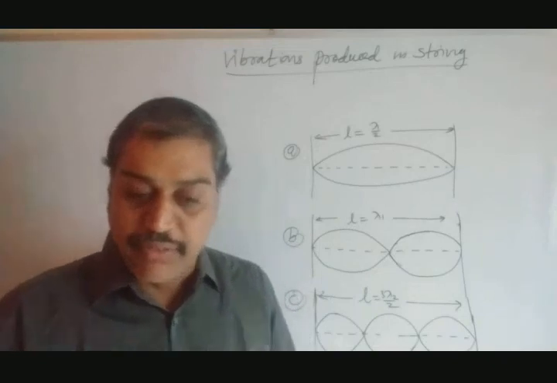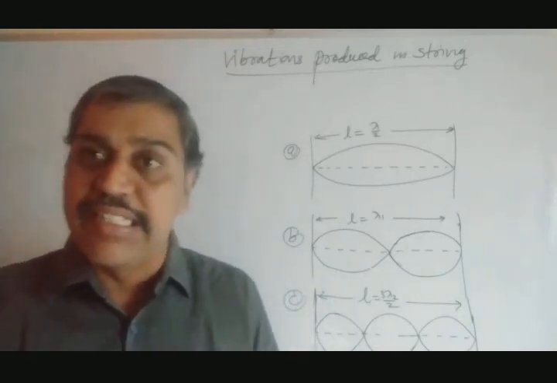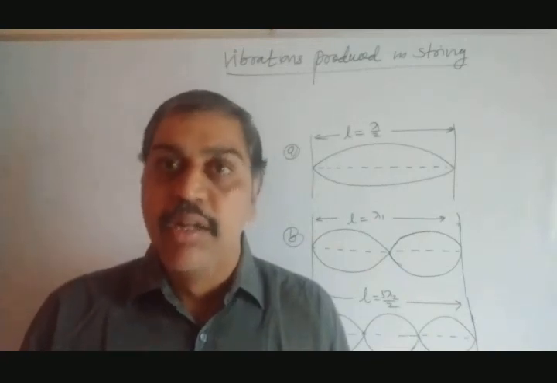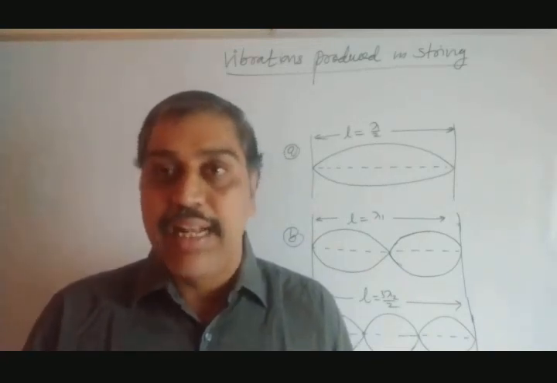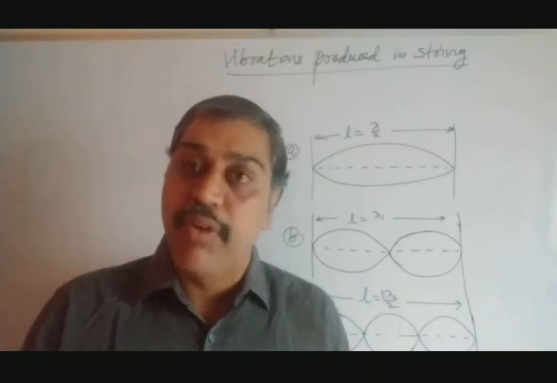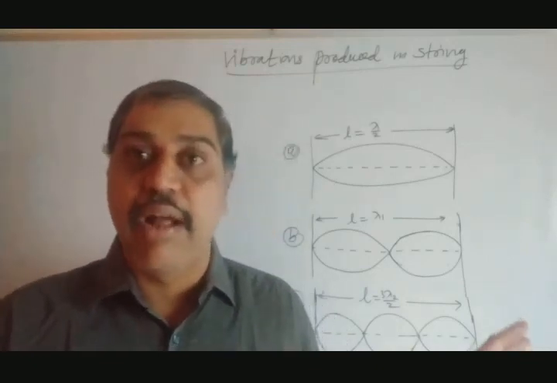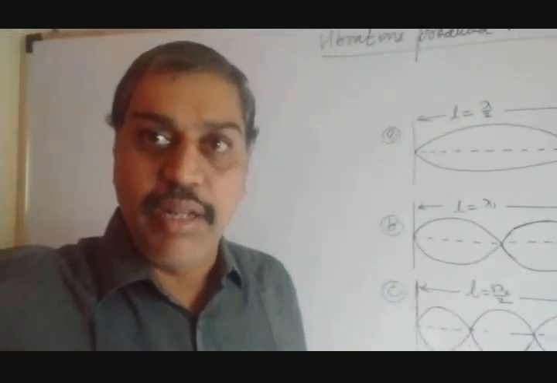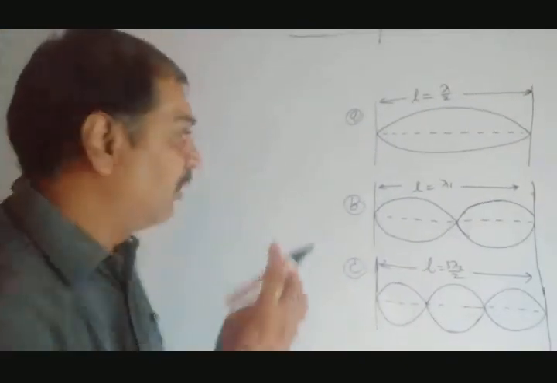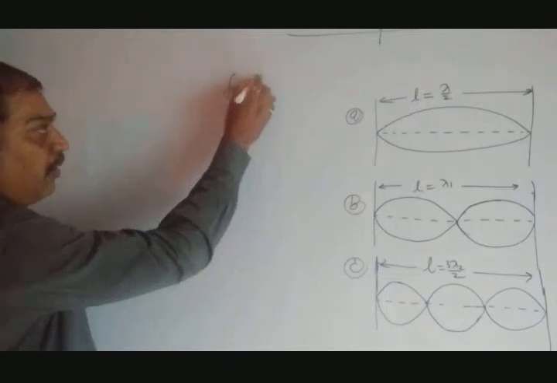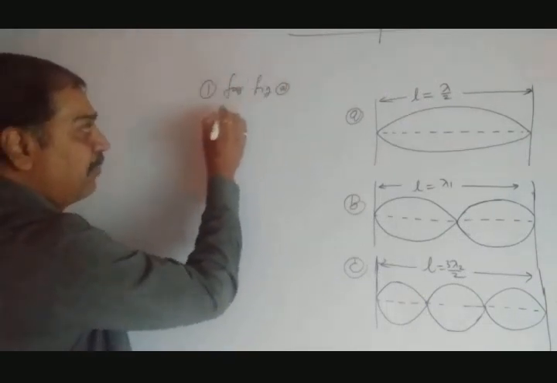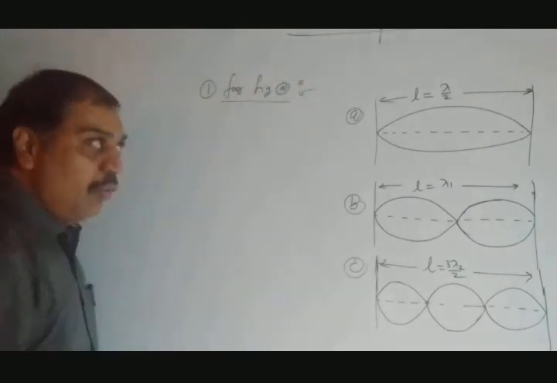Now our aim is to find the frequencies, as we did for a pipe open at one end and closed at the other, and a pipe open at both ends. There we derived the equations for frequencies, and in the same way we have to derive the equation here. Let us start by finding the frequency of the first figure, figure A. What is L?